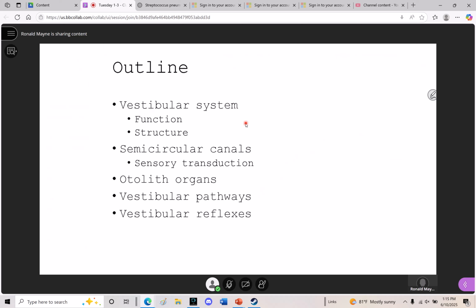We'll talk about the vestibular system, which consists of semicircular canals. There will also be an area we call the vestibule that has sensory receptors in it. Those will be otolithic organs. We'll mention a couple of the pathways and a couple of the reflexes.